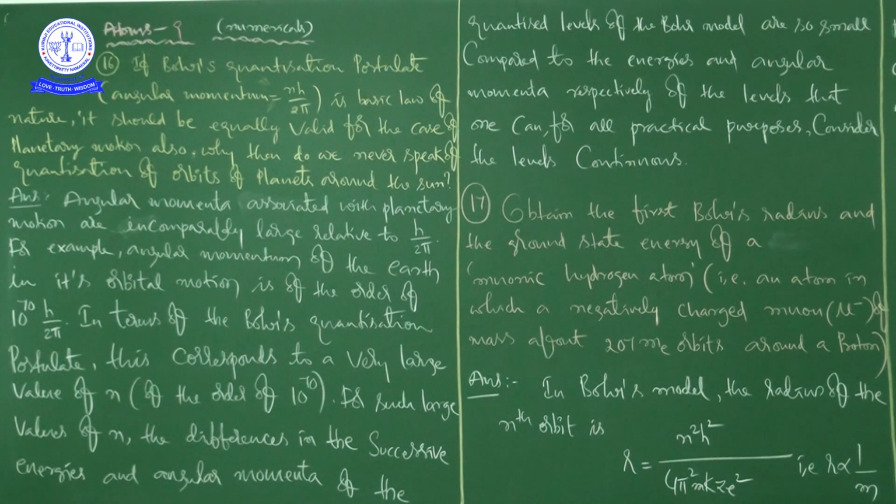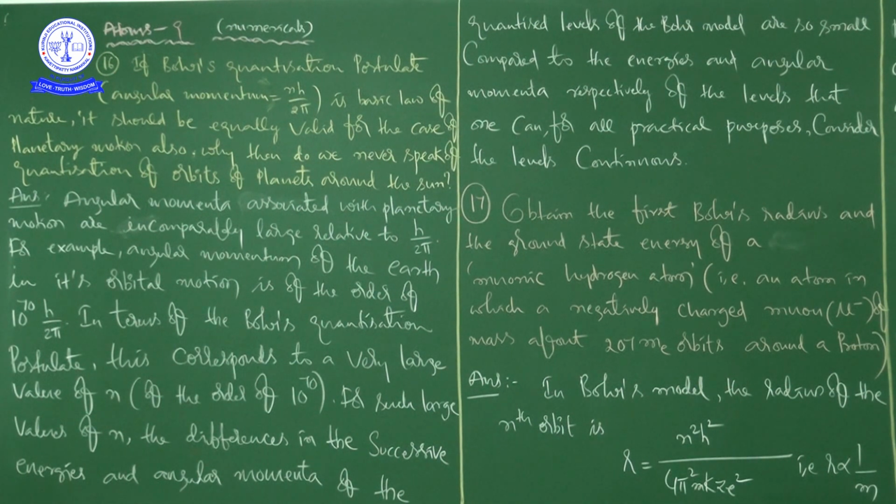Then you can believe what I am saying here: the angular momentum of the earth in its orbital motion is of the order of 10 to the power of 70 h by 2 pi. In terms of Bohr's quantization postulate, this corresponds to a very large value of n, that is of the order of 10 to the power of 70.